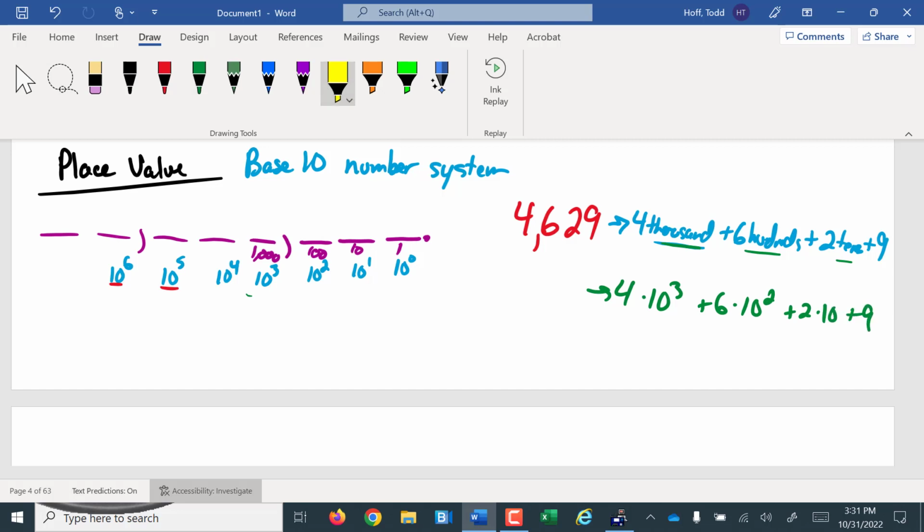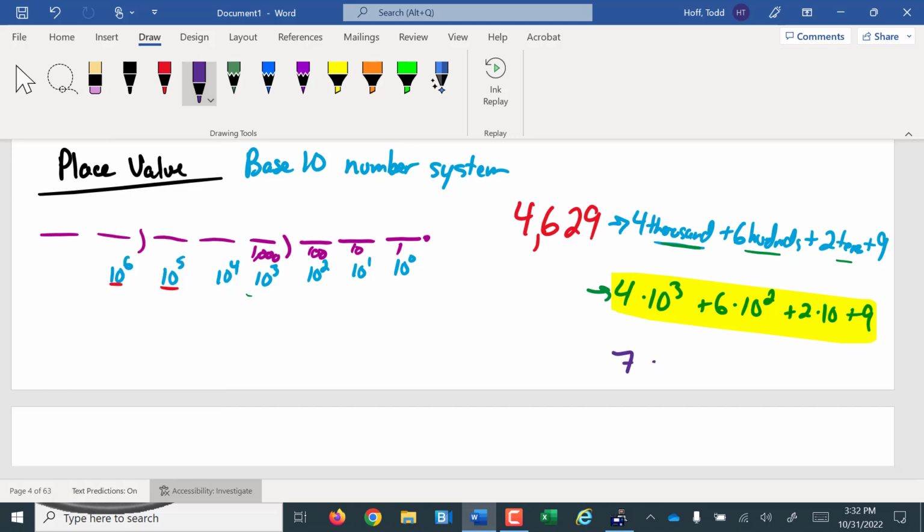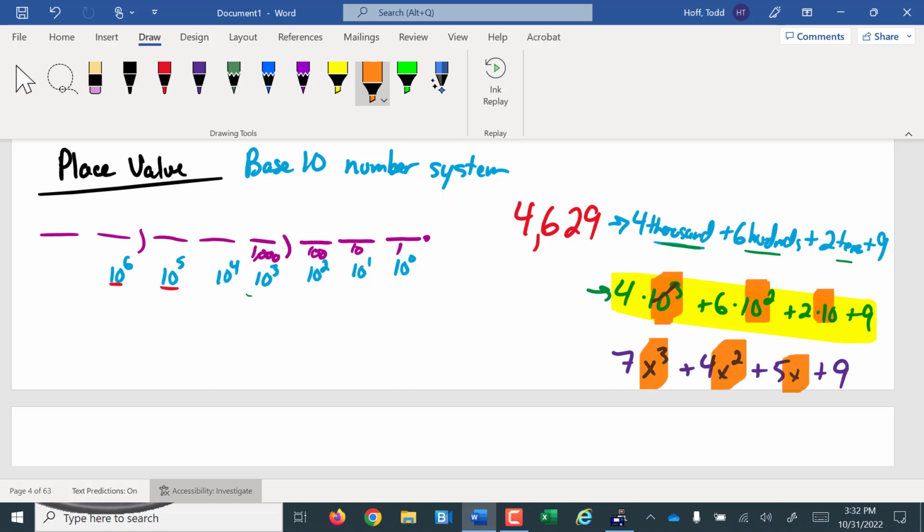Well, if we write it like that and then compare it to an algebraic number, where an algebraic number might be 7x to the third plus 4x squared plus 5x plus 9, you can see the similarities. It's just that instead of the place values being powers of 10, here they're powers of x.